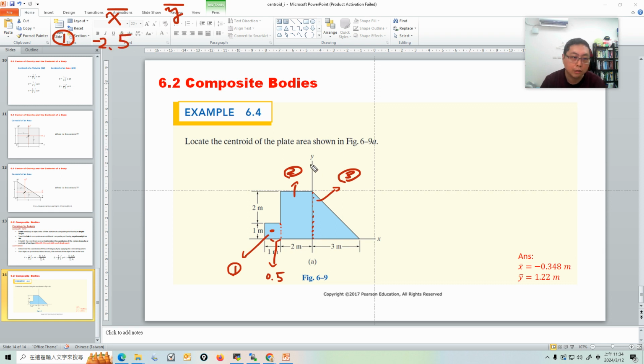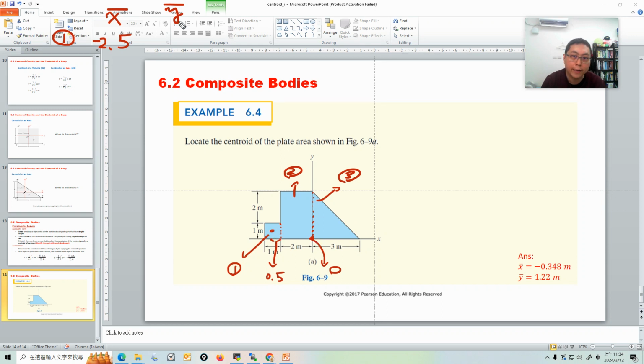This problem already gives you the x coordinate and y coordinate, with the origin here. So the centroid of area one has an x component of -2.5.